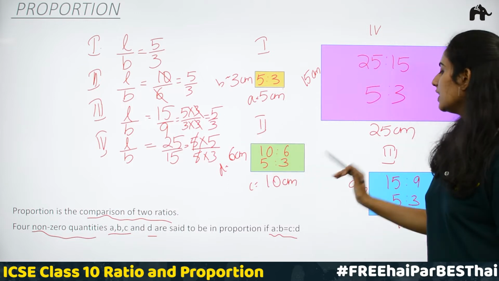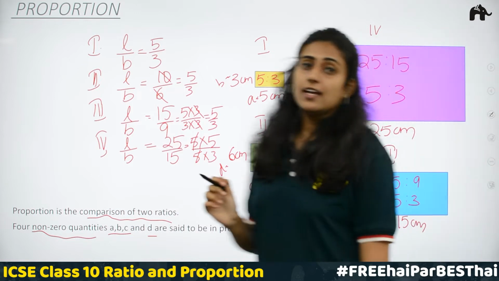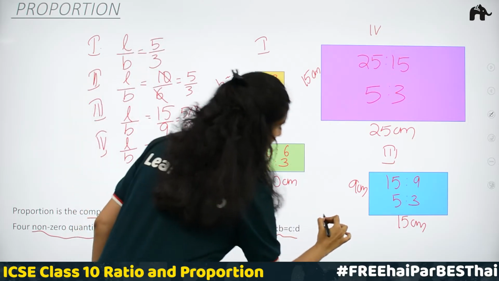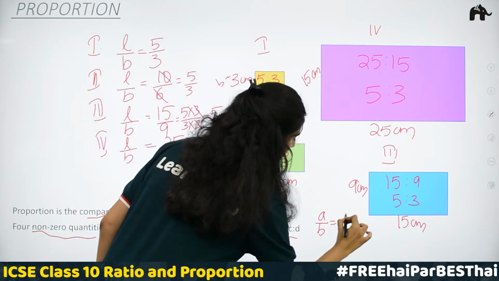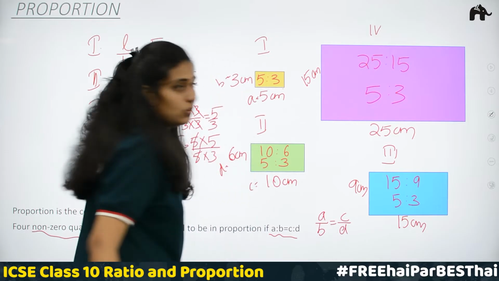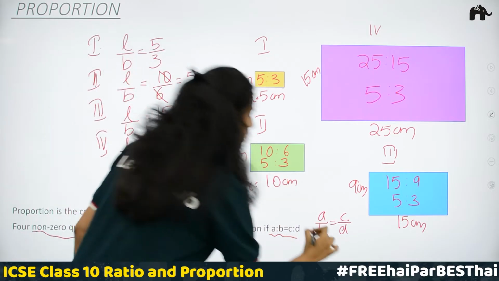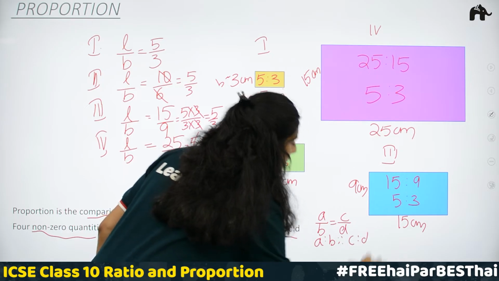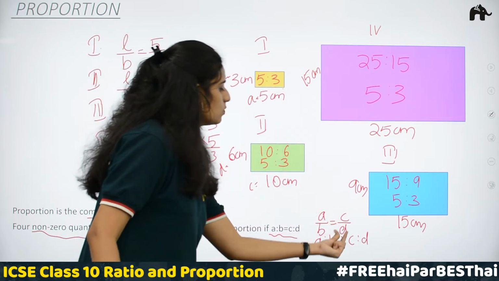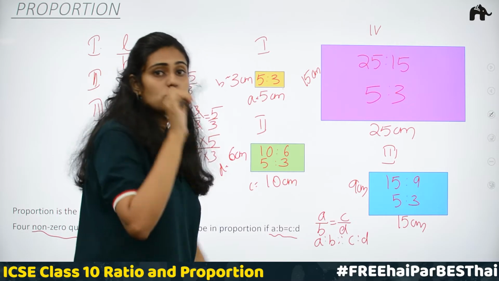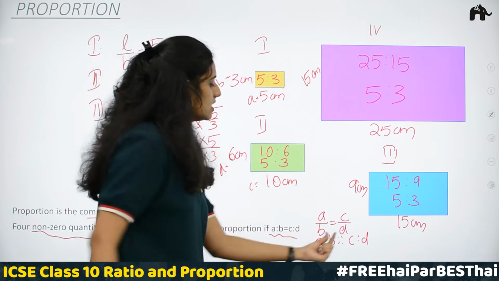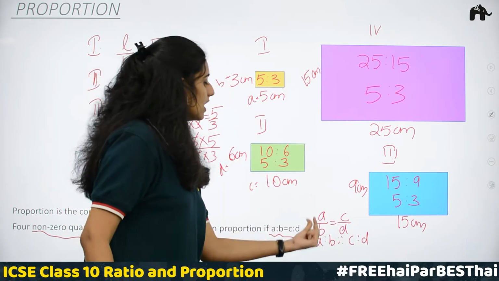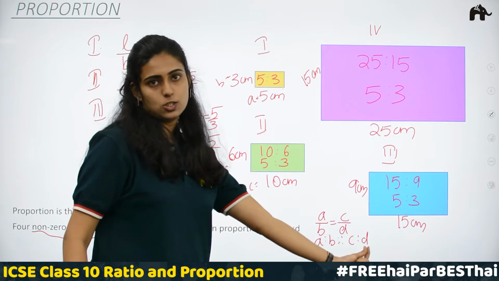This is how we can compare. This can also be expressed as A by B is equal to C by D. The general notation is A is to B as C is to D, where the equal sign is replaced with the double colon sign, which is read as 'as'.